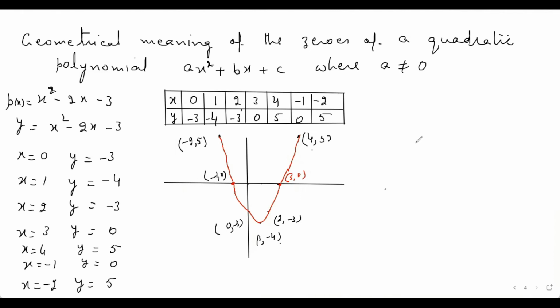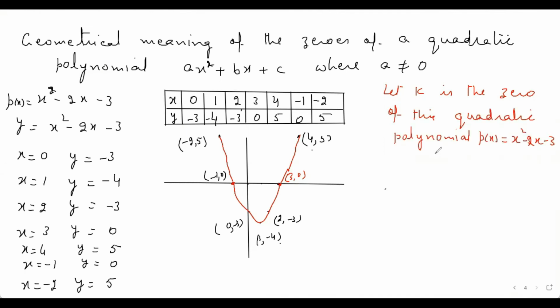Now I'm going to find the zeros of this quadratic polynomial. Let k be a zero of this quadratic polynomial. It means p(k) is 0. It means k square minus 2k minus 3 is 0.